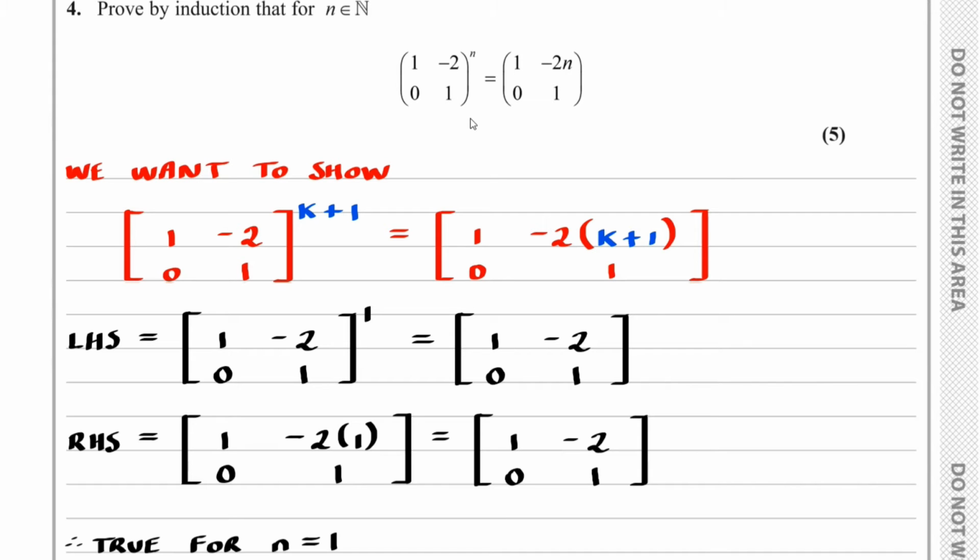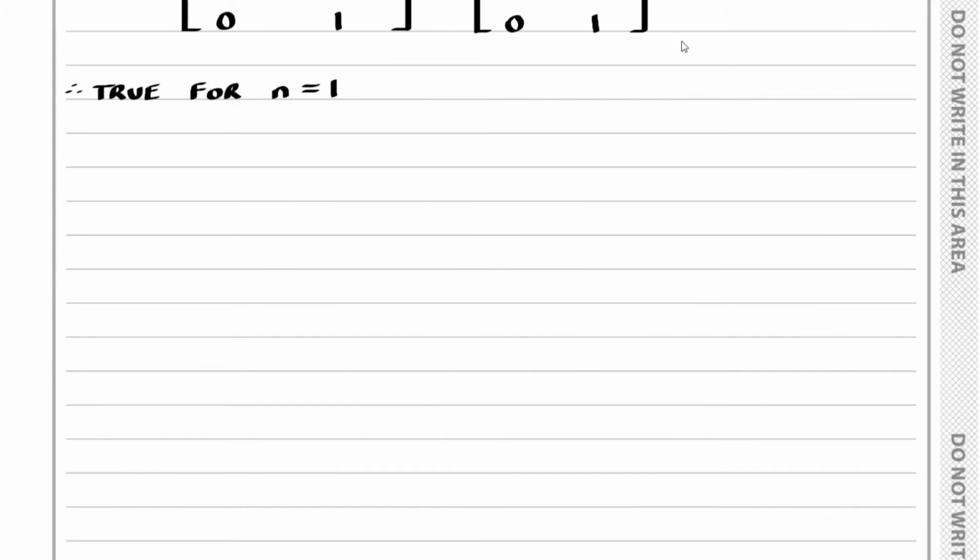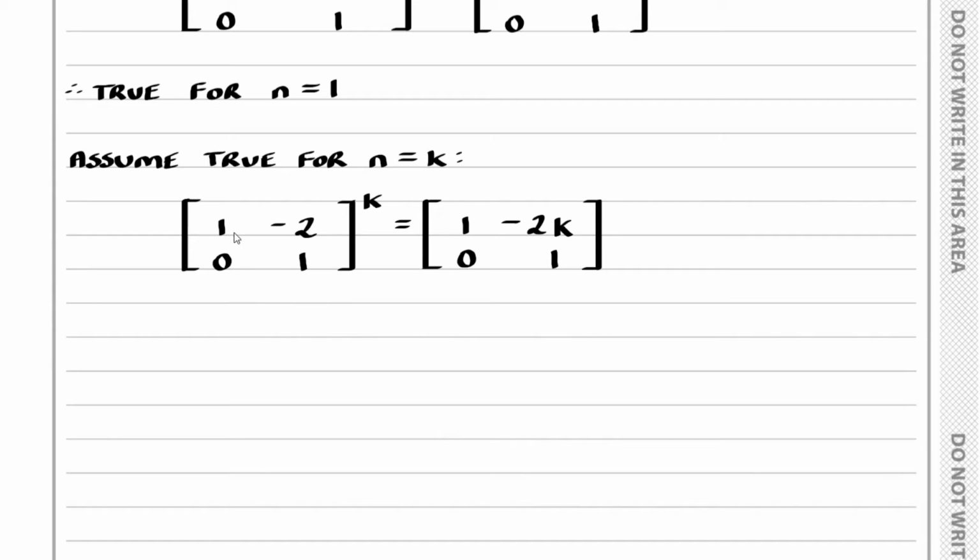Our next step is to assume that this result is true for n equals k. So if we assume that the result is true for n equals k, we replace the n with k. In other words, we've got (1, negative 2; 0, 1) to the k equals (1, negative 2k; 0, 1). Our next step is to see what happens when n is equal to k plus 1.